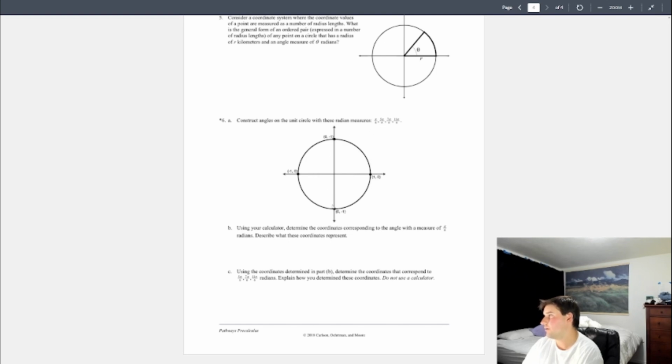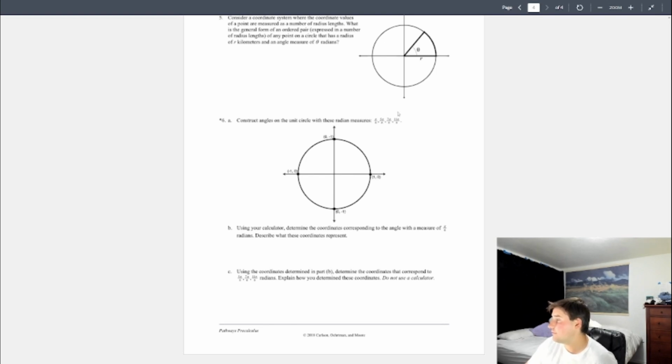Well, this is pi. This is pi over 2. Okay. Oh, yeah, I put pi over 6 as the construct angle on the unit circle. I'd put it as the first 1/3 of the first quadrant.